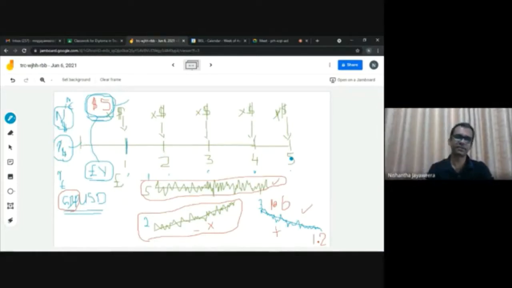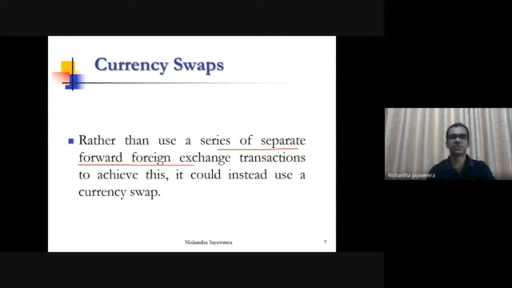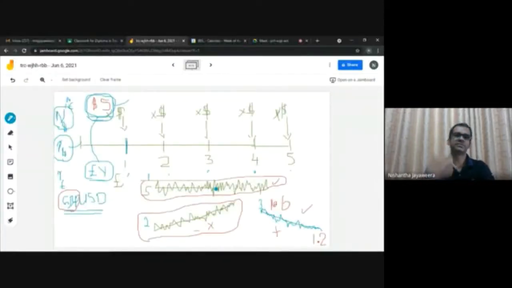Instead of having 5 different transactions, you can combine them into one. But again, remember, you can also have 5 different options to buy sterling against dollars at a strike rate. What are the differences?